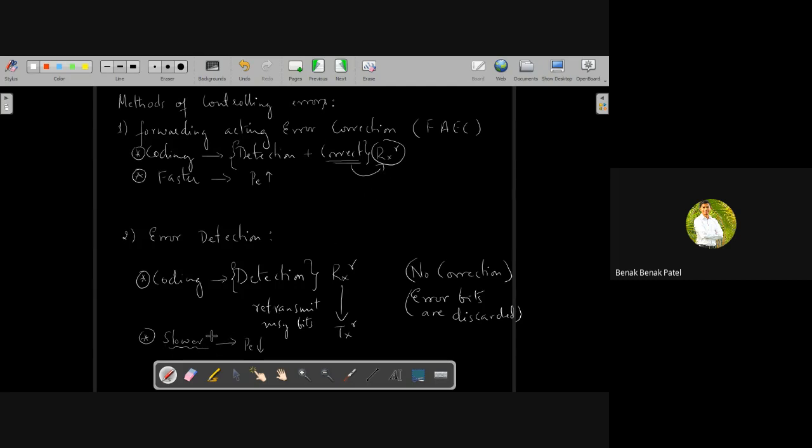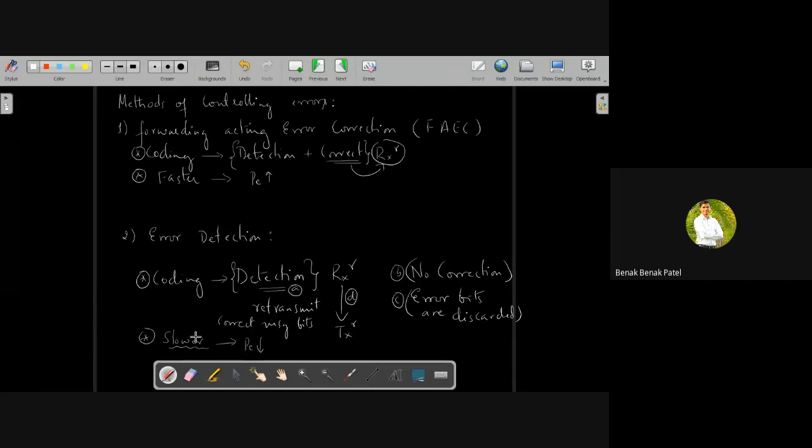So why is this slower? Because we are trying to detect the errors. What we do first is detection. Right after detection, are we trying to correct those errors? No, instead of correcting, we are trying to discard them. This discarding of bits takes time, and after that we ask the transmitter to retransmit the correct message bits.